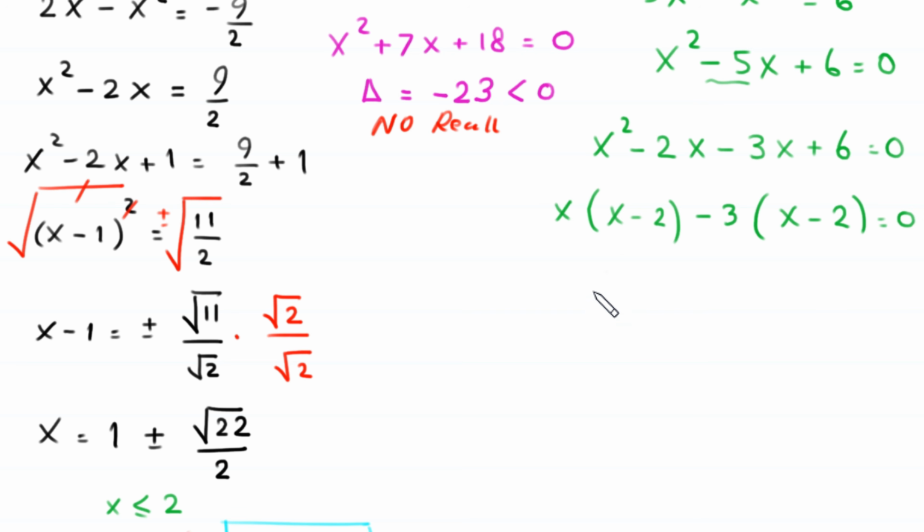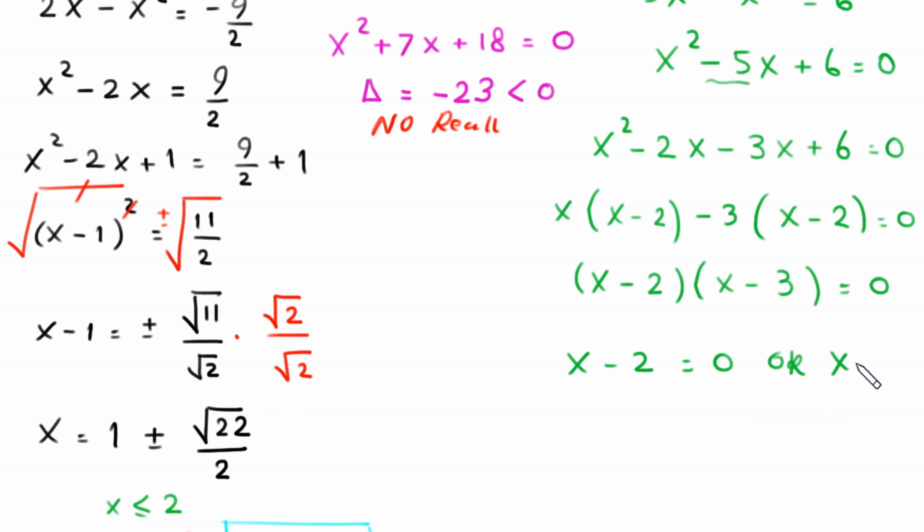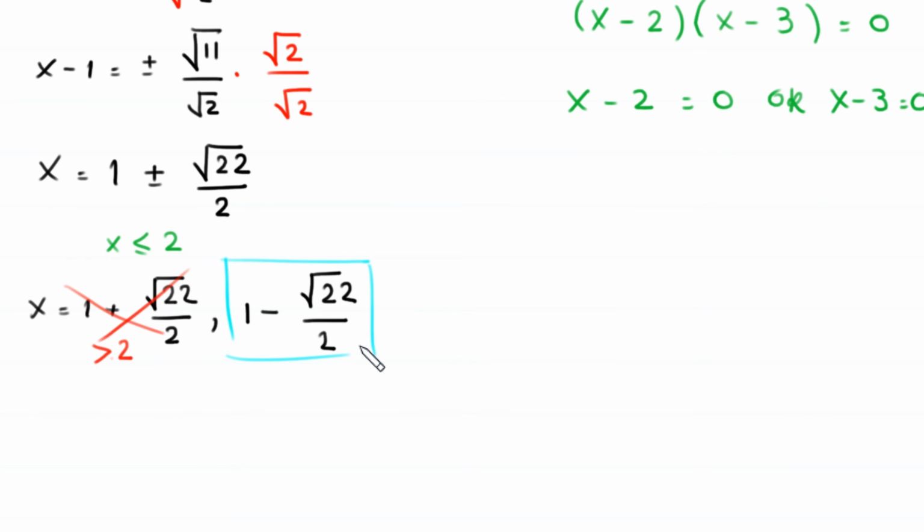And this x minus 2 is common, x minus 2 as common factor, and in bracket left x minus 3 equal to 0. From here either this expression x minus 2 equal to 0 or this expression x minus 3 equal to 0. From this equation we get the value of x equal to 2, and from this equation we get the value of x equal to 3.